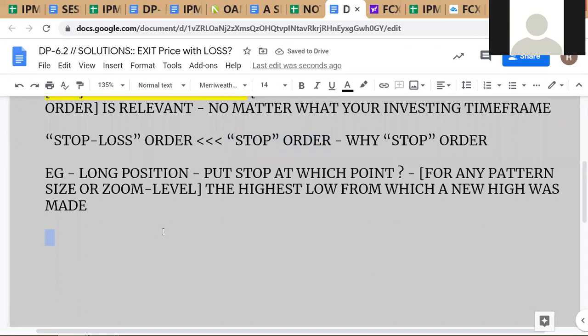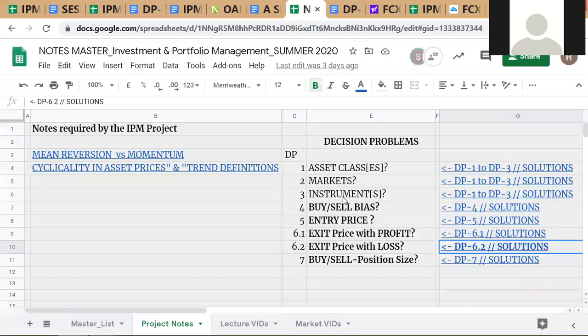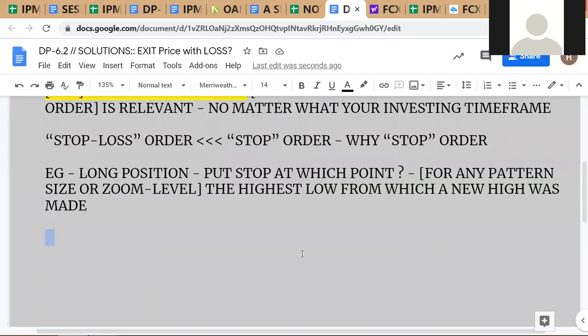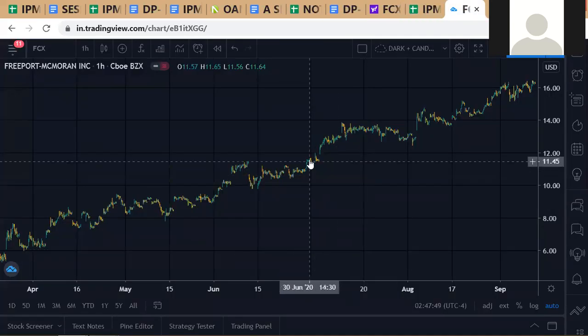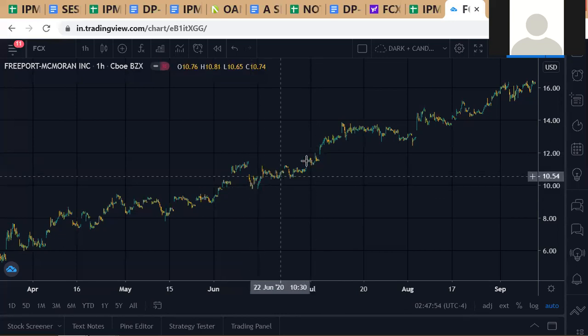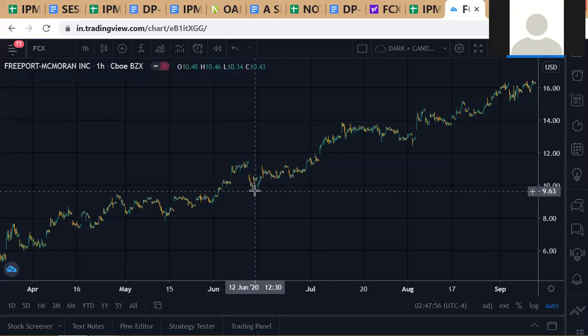So this is the principle. When you put the stop, that is, when you try to solve your 6.2 exit price with loss, this is the principle when you're using TA. This is the principle that you use, which we just explained. Now notice what happens. So Sachin goes long at this point, and at this point, using that principle, he puts a stop over here.